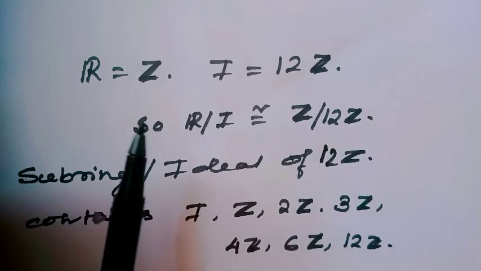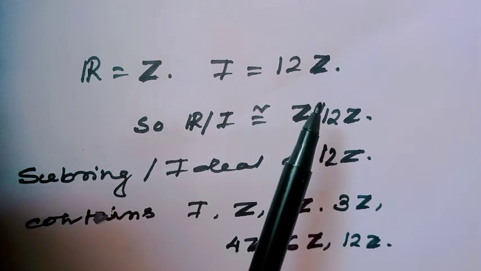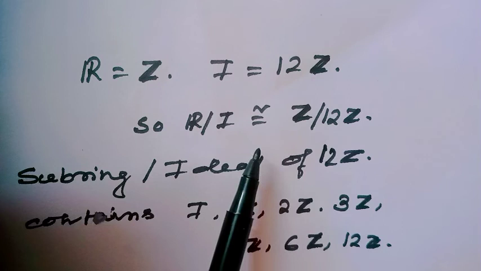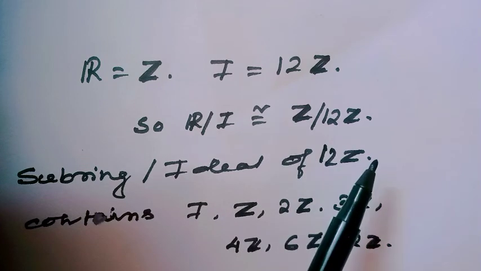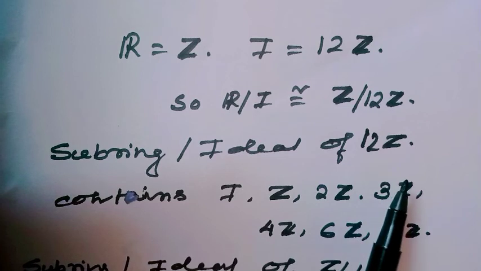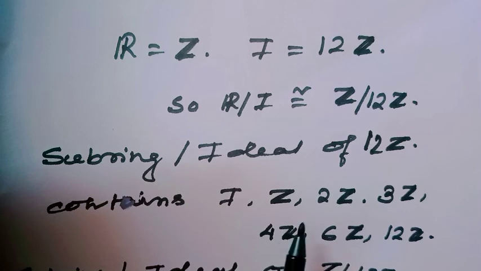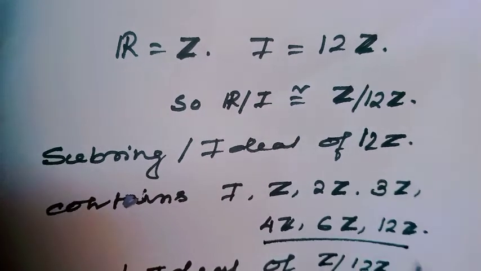Okay. As an example, consider R equal to the integers and I equal to 12Z. So R mod I is isomorphic to Z mod 12Z. Then the subrings or ideals containing 12Z are Z, 2Z, 3Z, 4Z, 6Z and 12Z. We all know this.